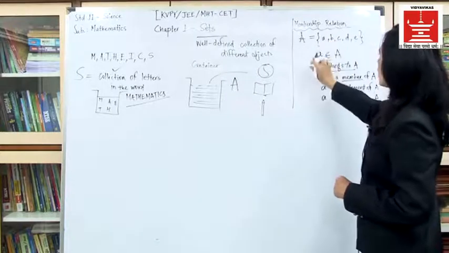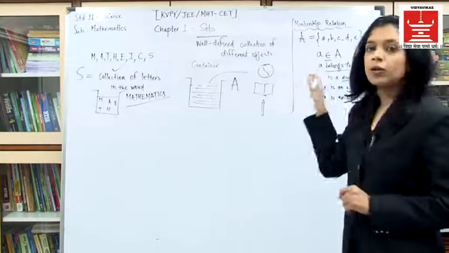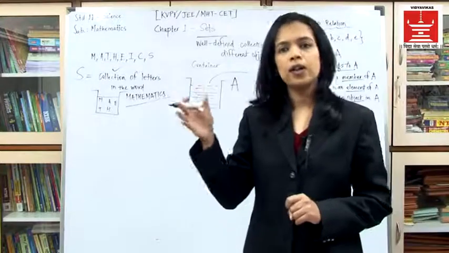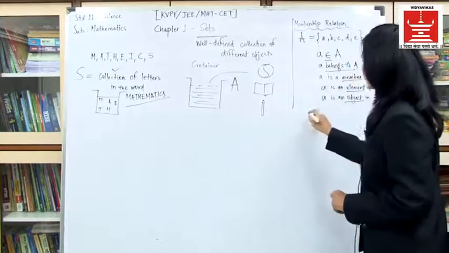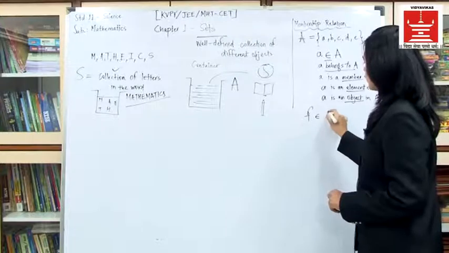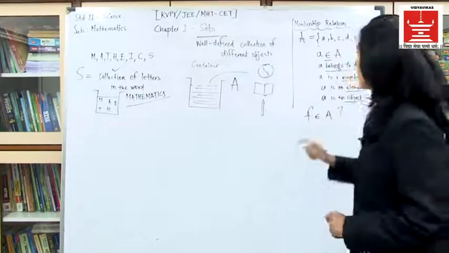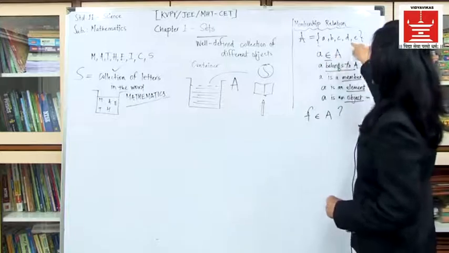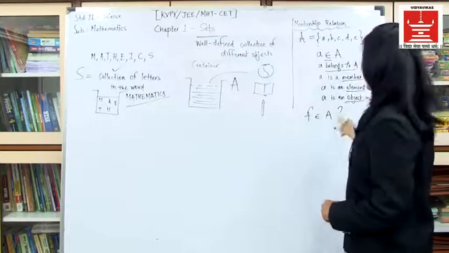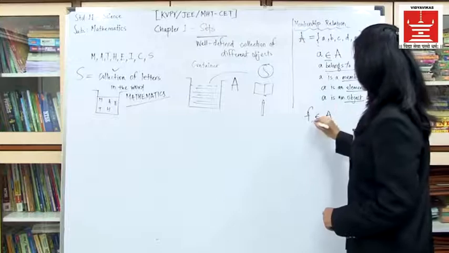Similarly, you can say that b belongs to A, c belongs to A, d belongs to A, e belongs to A. Can I say f belongs to A? No. Since f does not lie in this collection, this is a false statement.